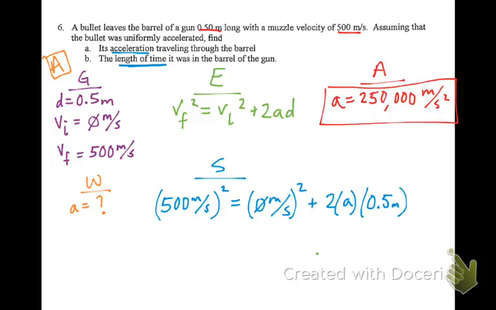There's our acceleration, so that information can now become part of our given: 250,000 meters per second squared. Let's work on part B.